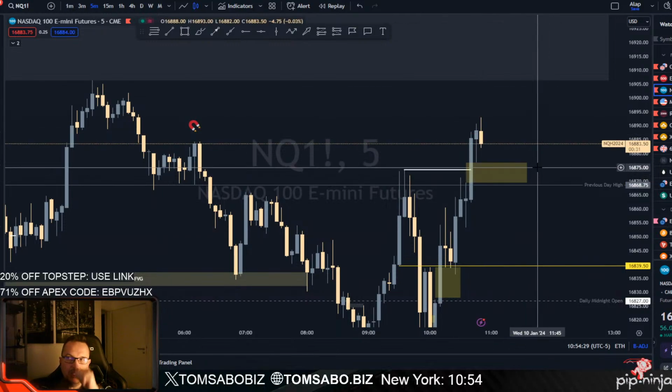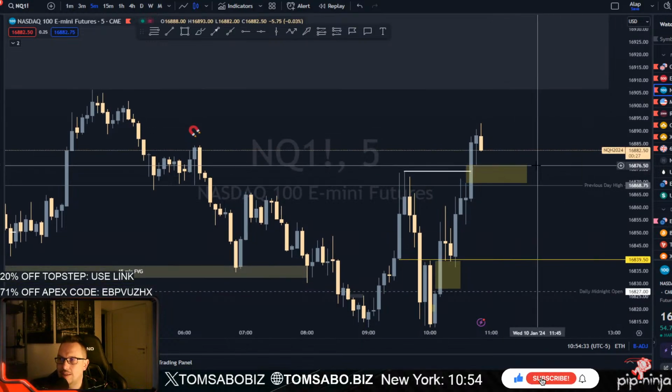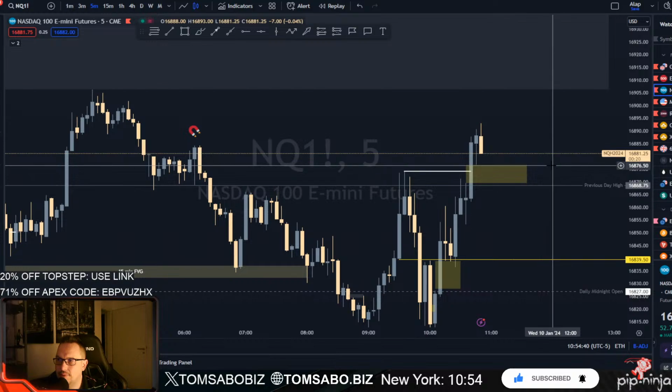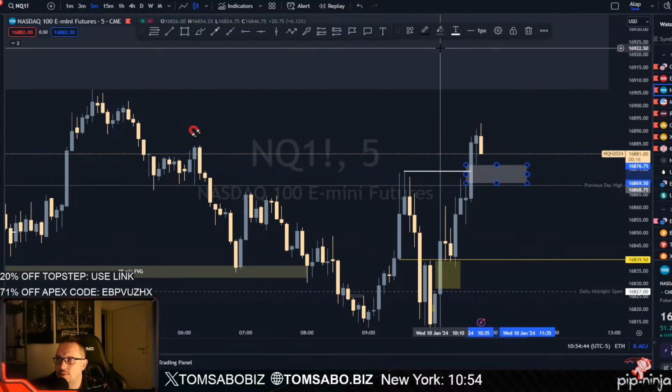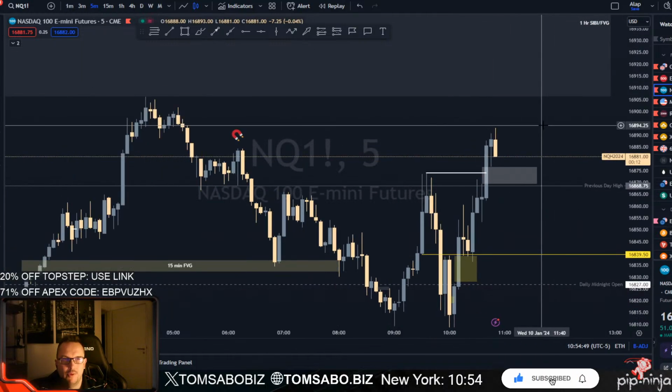So you can consider adding a small trade here below 876.75 ish levels. You can consider adding a trade in here if you want to.